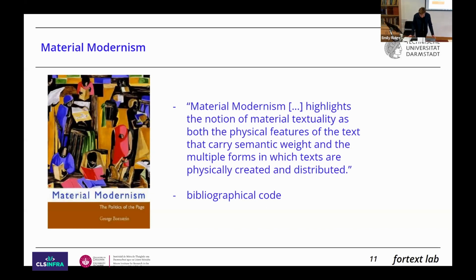The fact that form always has a meaning is also a central statement of material modernism. As George Bornstein put it, material modernism highlights the notion of material textuality as both the physical features of the text that carry semantic weight and the multiple forms in which texts are physically created and distributed.